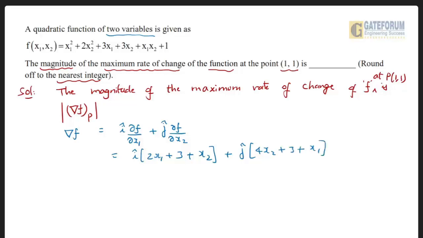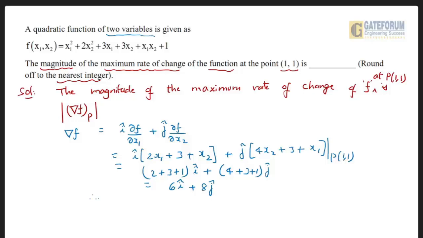So at the point P (1, 1), substitute x1 is equal to 1 and x2 is equal to 1: (2 plus 3 plus 1) into i cap plus (4 plus 3 plus 1) into j cap. So this is 6 i cap plus 8 j cap.